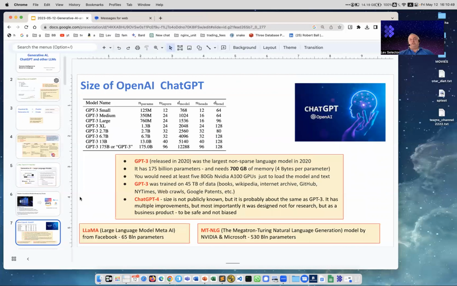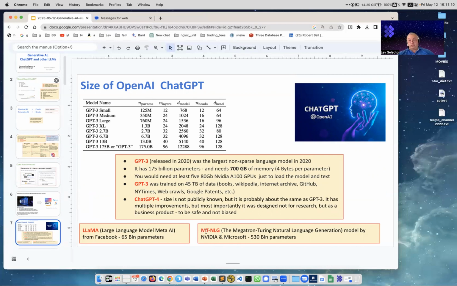Next, about the sizes of these models. Well, GPT-3 grew to 175 billion parameters. Here is the table, and this is the number of parameters. So 175 billion parameters in this network. So it's really, really huge. It's not the largest one.